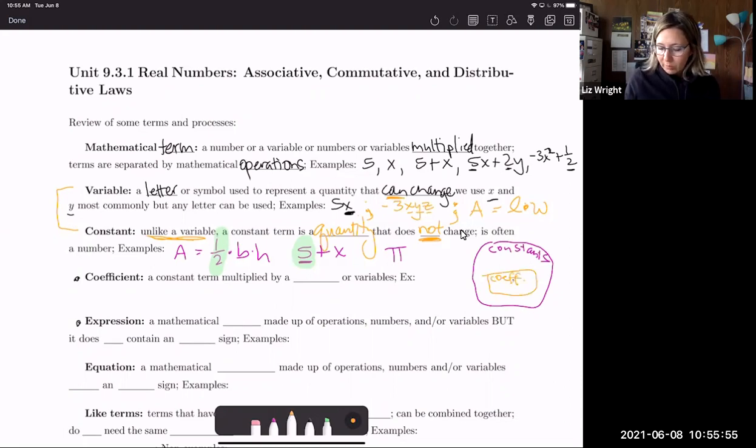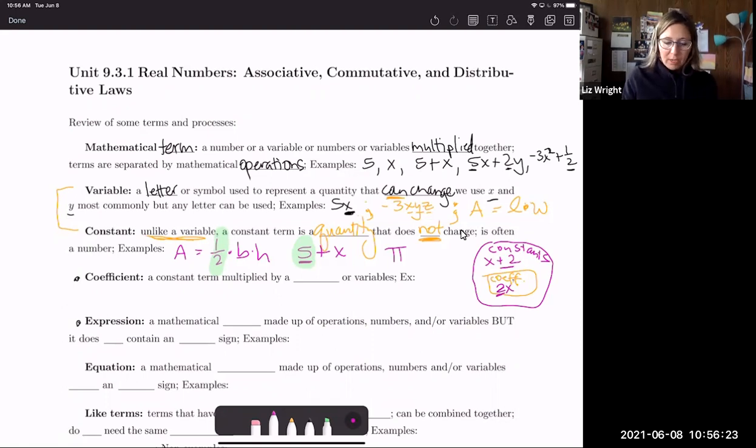So for example, 2x, the 2 would be a coefficient. It's also considered a constant, right? But out here, if we had solely a constant, like x plus 2, that 2 is only a constant. It's not also going to be a coefficient.